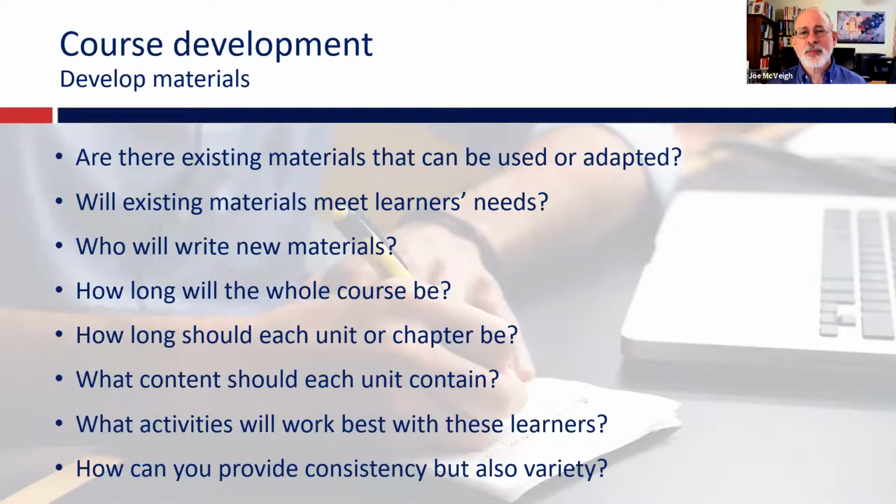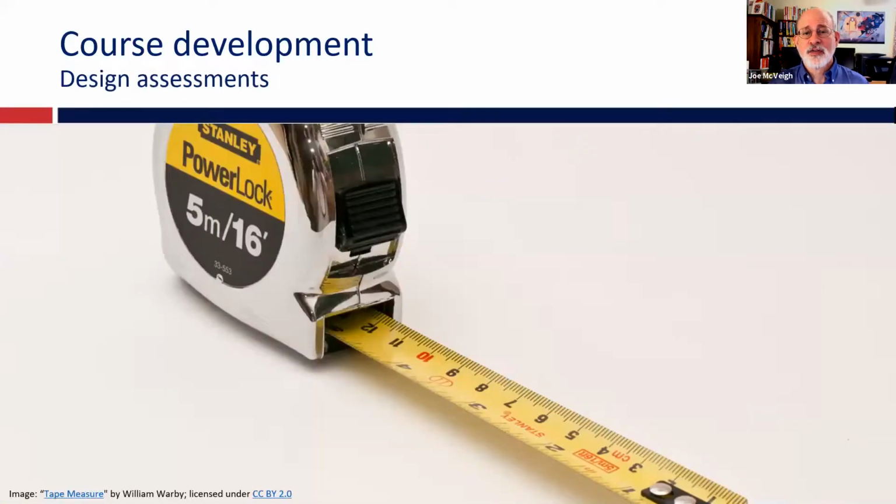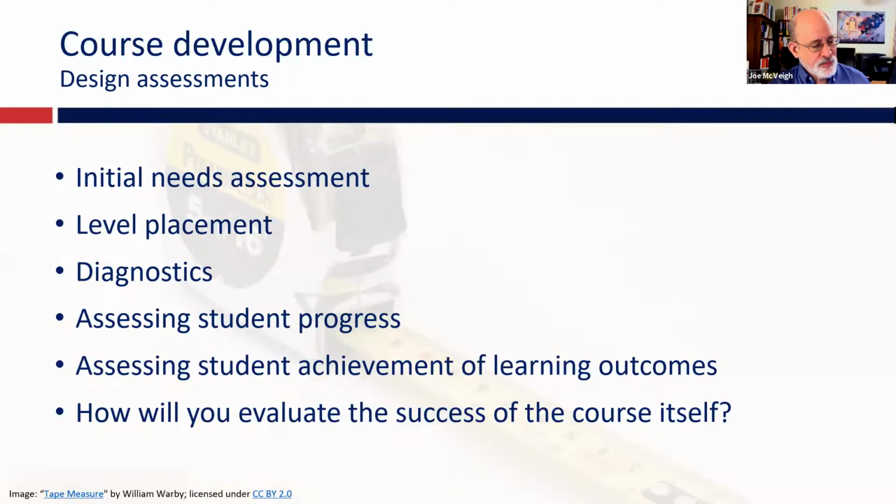Then the last step that Graves suggested in her outline of course development was designing assessments. So in designing assessments, some of the things that we might want to consider would be the initial needs assessments of the students, including level placement, diagnostic tests that we might give them.